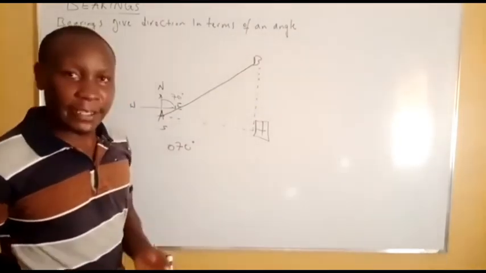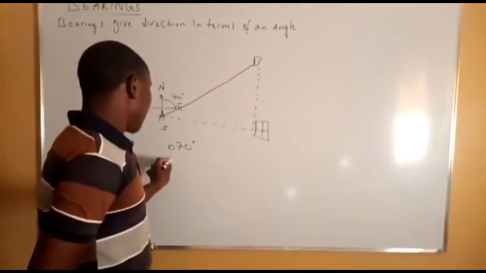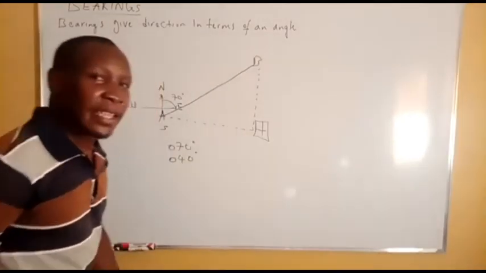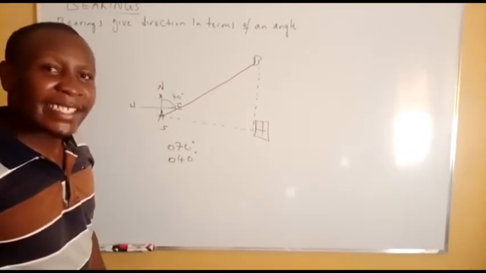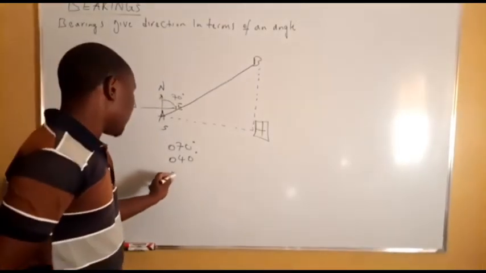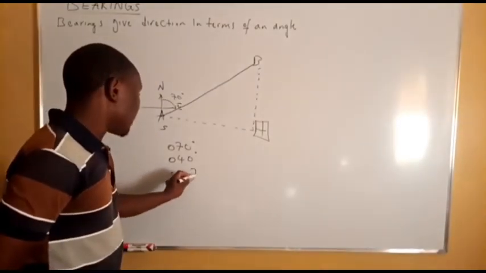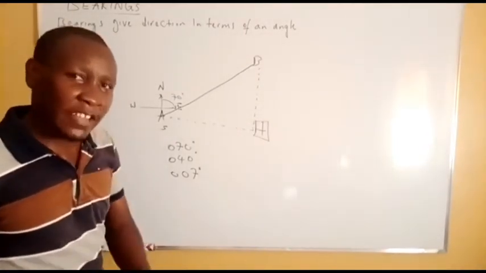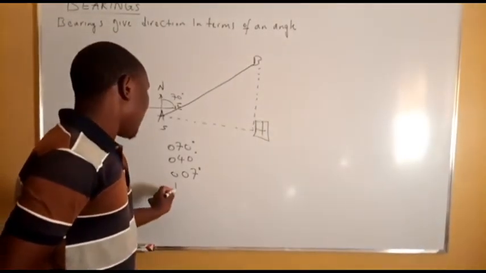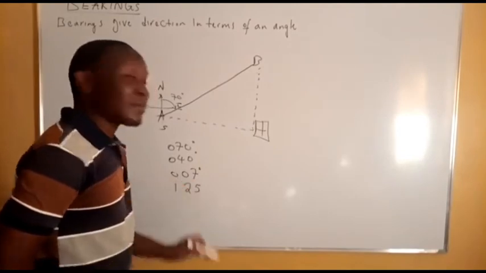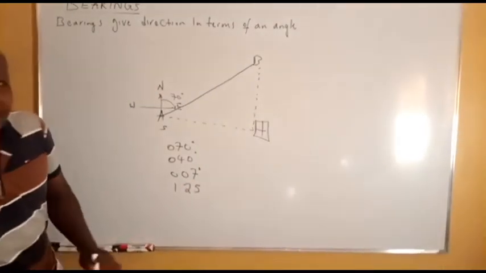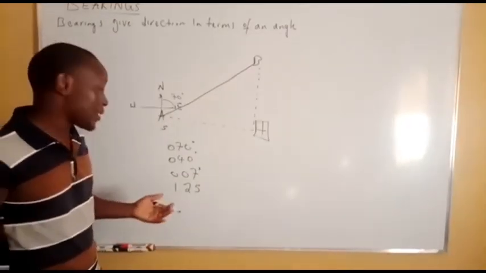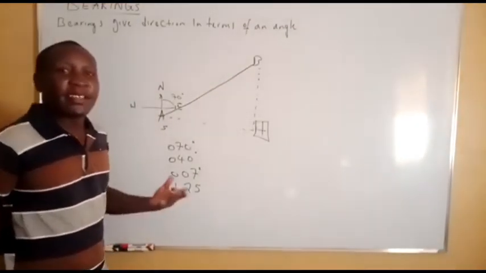If it's 40, it will be 040 degrees. If it's 7 degrees, it will be 007 degrees. If it is 125, it will be 125, the same, because 125 has 3 figures already: 1, 2, 3 figures. So it's fine.